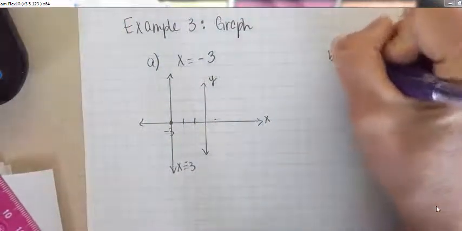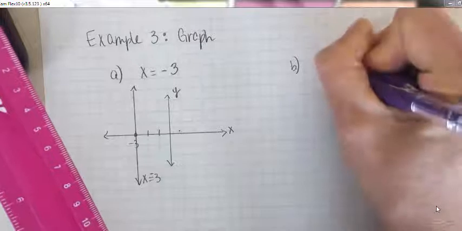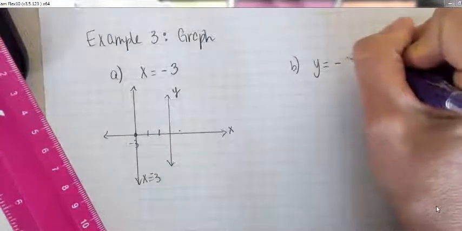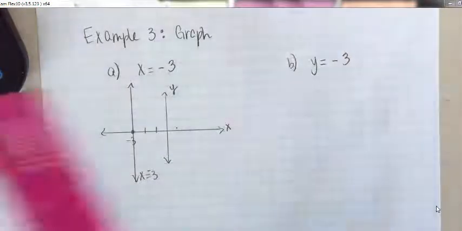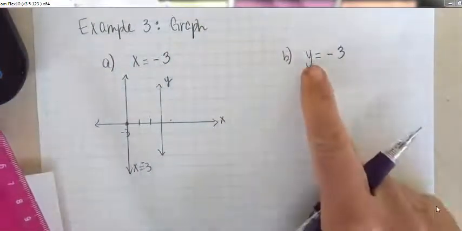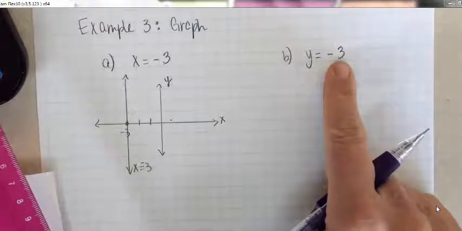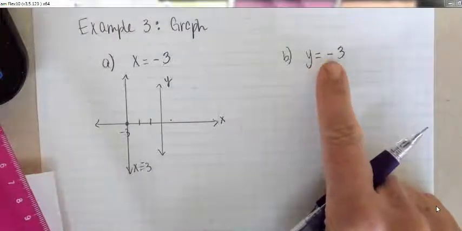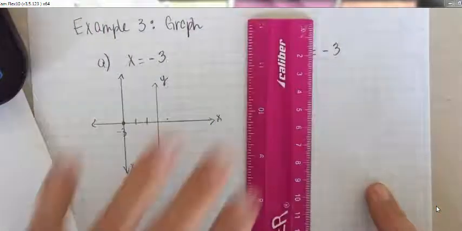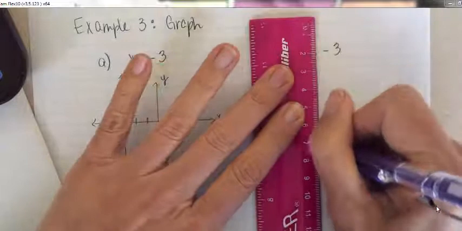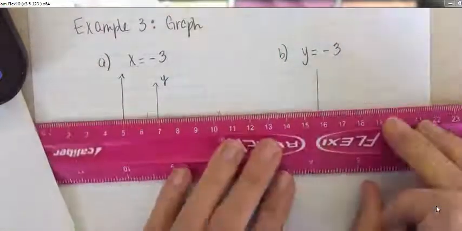All right, B. How about y equals -3? I can't get too creative here. All right, so y equals -3 is where every single y value, no matter what the x value, the y value equals -3. So that's a horizontal line. Again, I'll make another coordinate plane.